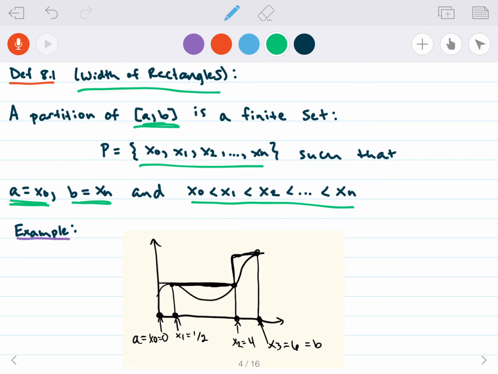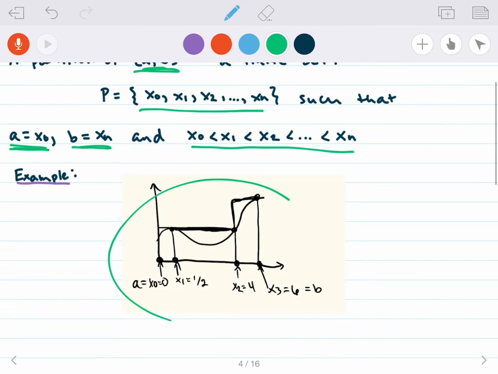Okay, so here's an example. Let's say that I have this curve and I want to partition for where the curve starts and where it ends, where I'm interested in integrating. This is an example of a partition. Our starting point is a, x naught equals 0, and then I can have x1 as a half, x2 is right here, that's 4, and x3 is 6, and that's b.